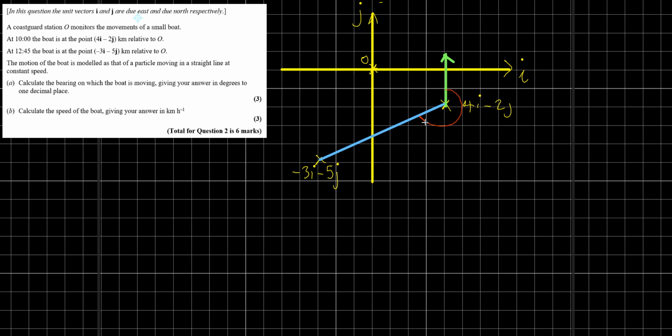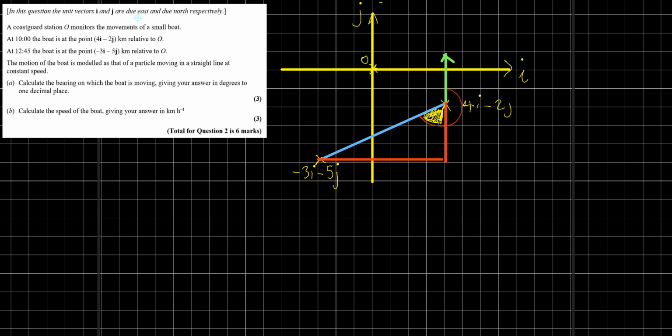Now to do this, we need to make a right angle triangle because we know that part of it is going to be 180 degrees. The only angle we need to work out is going to be this angle here. So we need to look at the diagram.